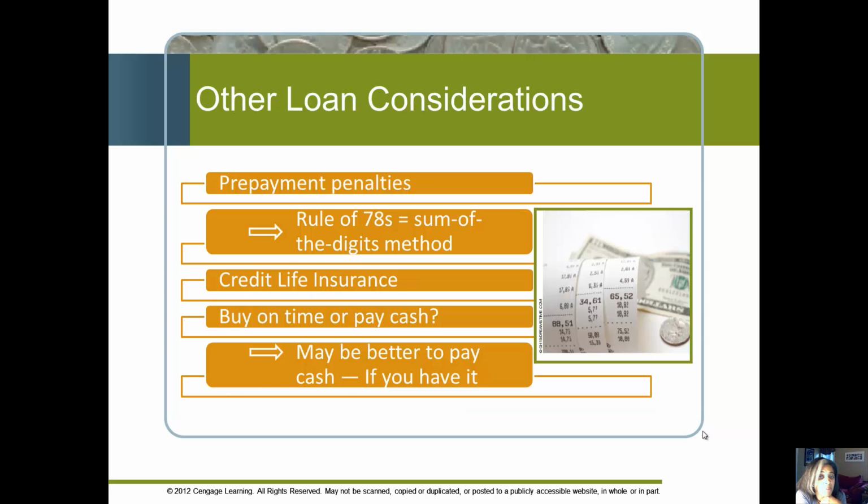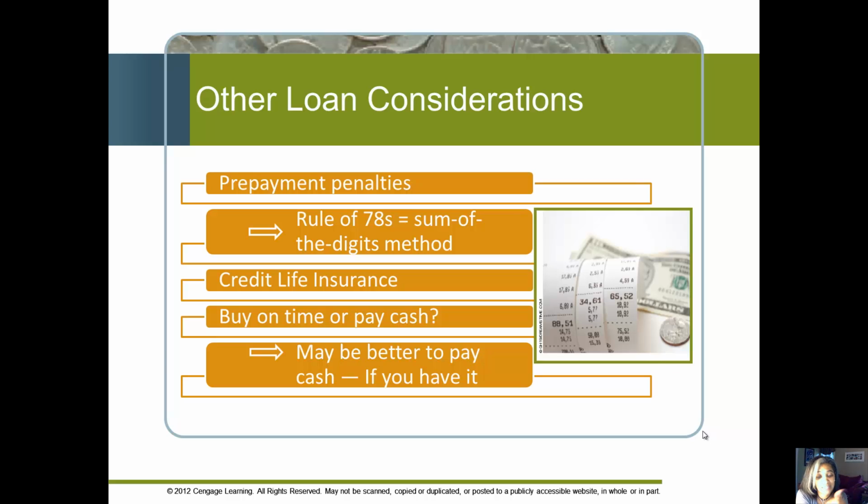So a couple of things to wrap up, some other things to consider. Are there prepayment penalties? Consider the rule of 78s. The rule of 78s is on page 192, and that's a method for calculating interest that has heavier interest in the early months. And so that's another method that you should know something about in case you're ever charged interest using that method.